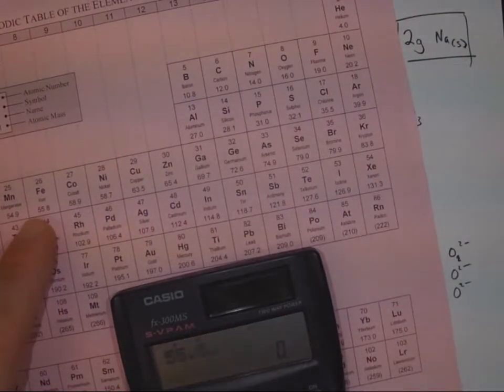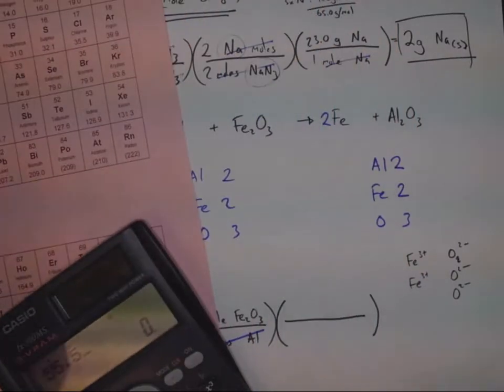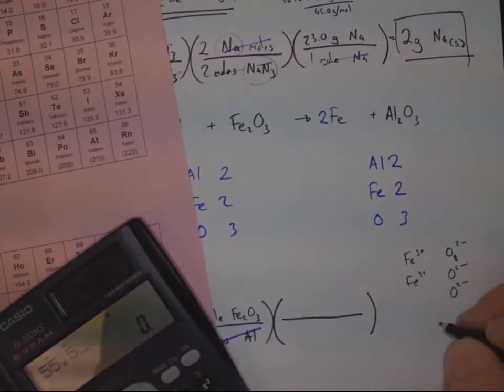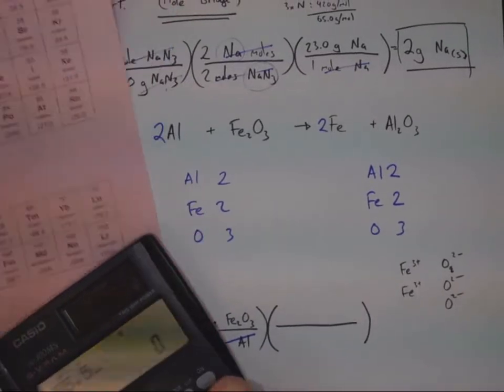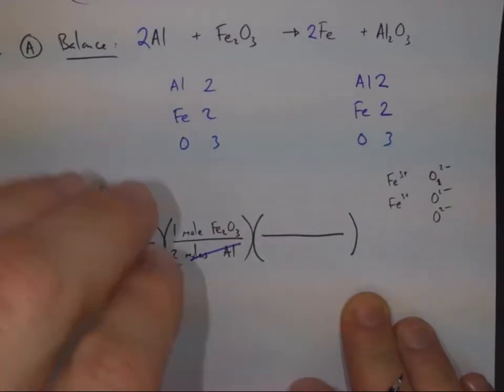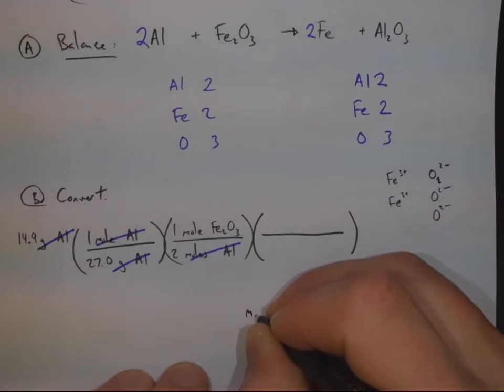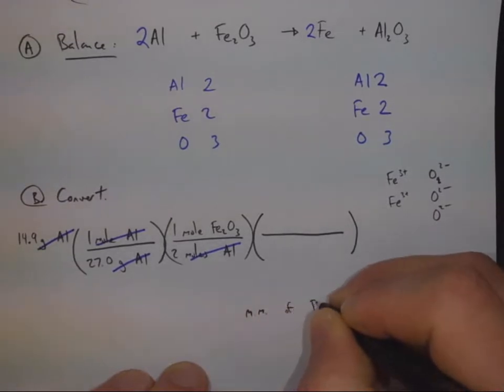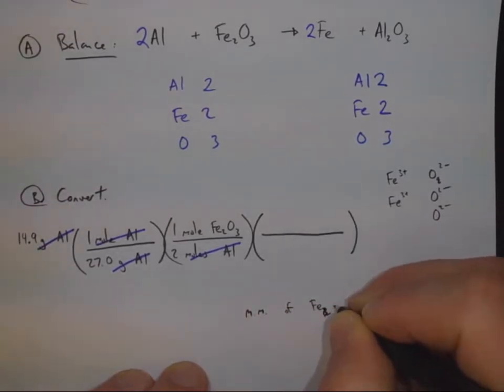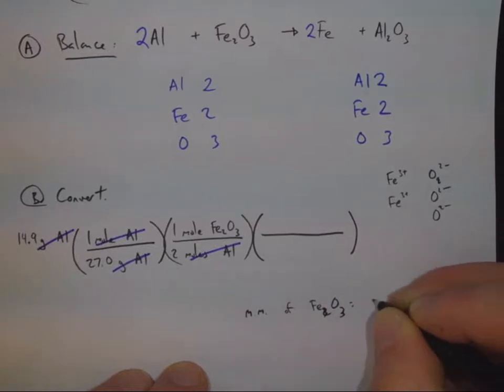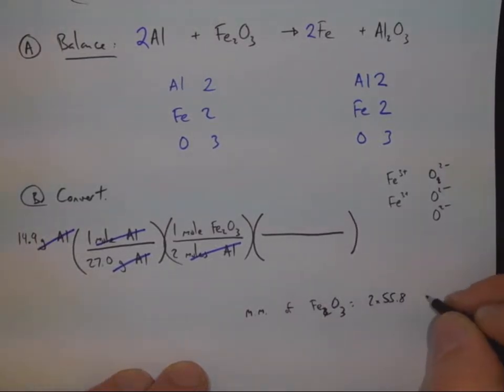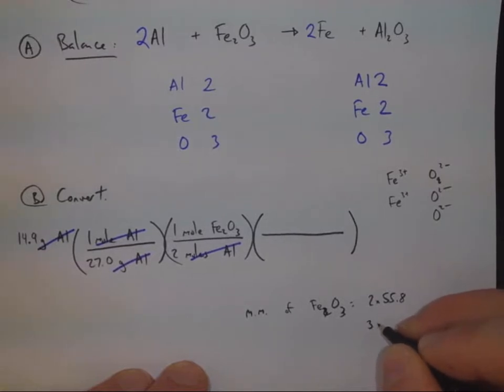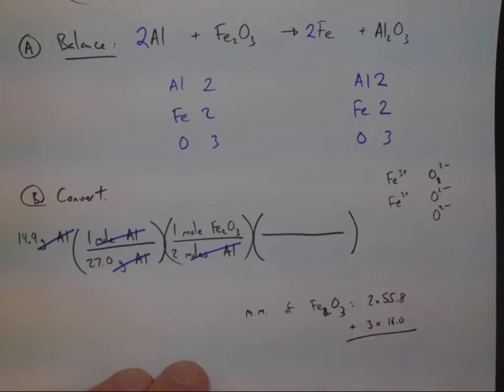And there's 2 irons. So the molar mass of iron 3 oxide is 2 times 55.8 and 3 times 16.0. And we're going to add those values together.